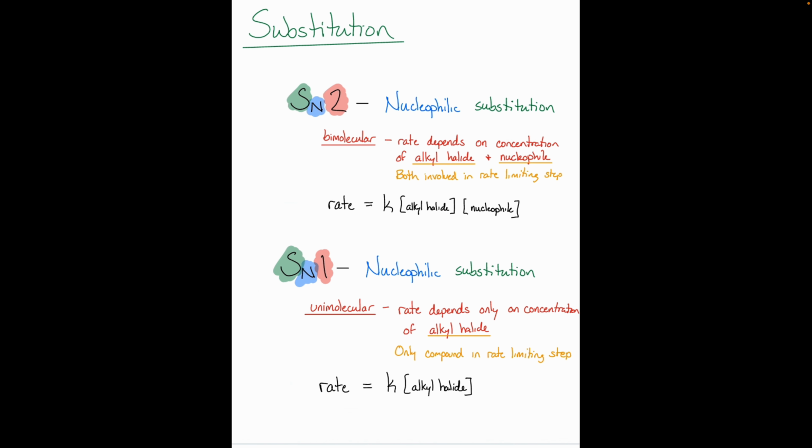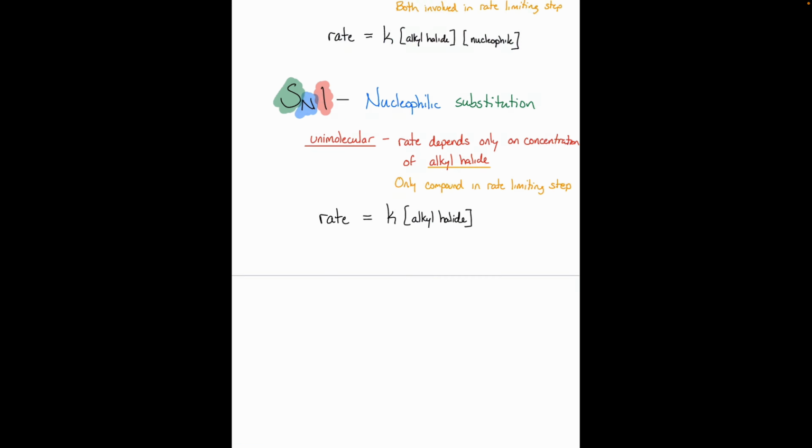Either SN2 reactions, which have both alkyl halide and nucleophile in the rate limiting step, or SN1 reactions, with only the alkyl halide in that rate limiting step. So let's take these one by one. Let's first look at our SN2 reactions.